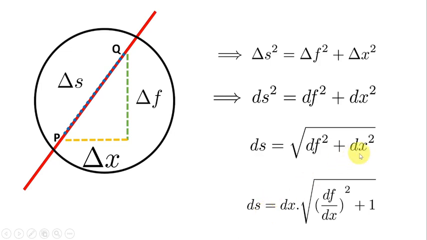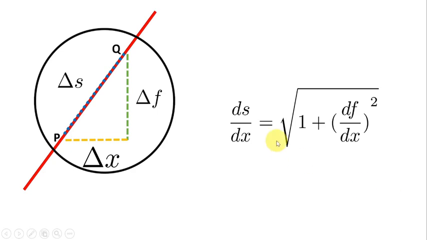Or if we assume that dx is large in comparison to delta f, we can take dx outside, and you will get an equation of this form: ds equals dx times the square root of (df by dx) whole squared plus 1.